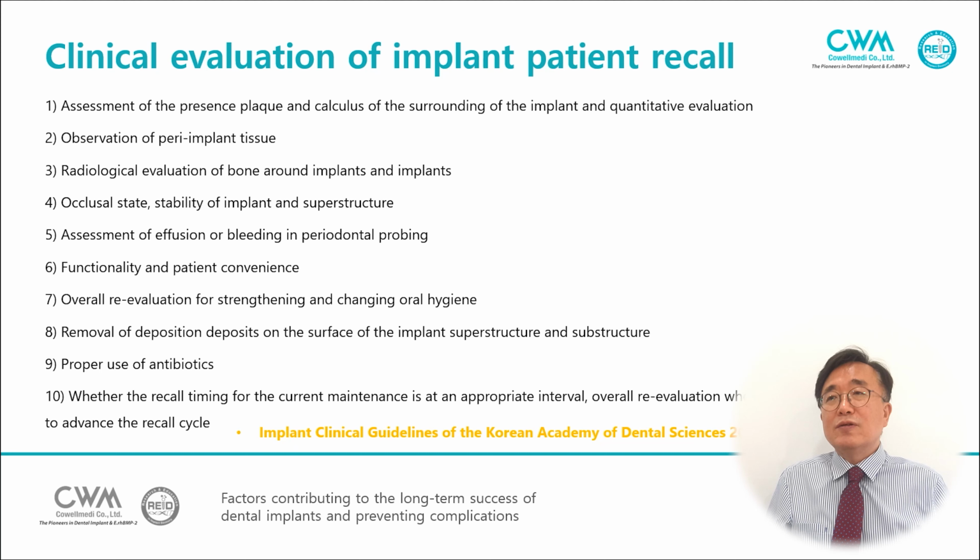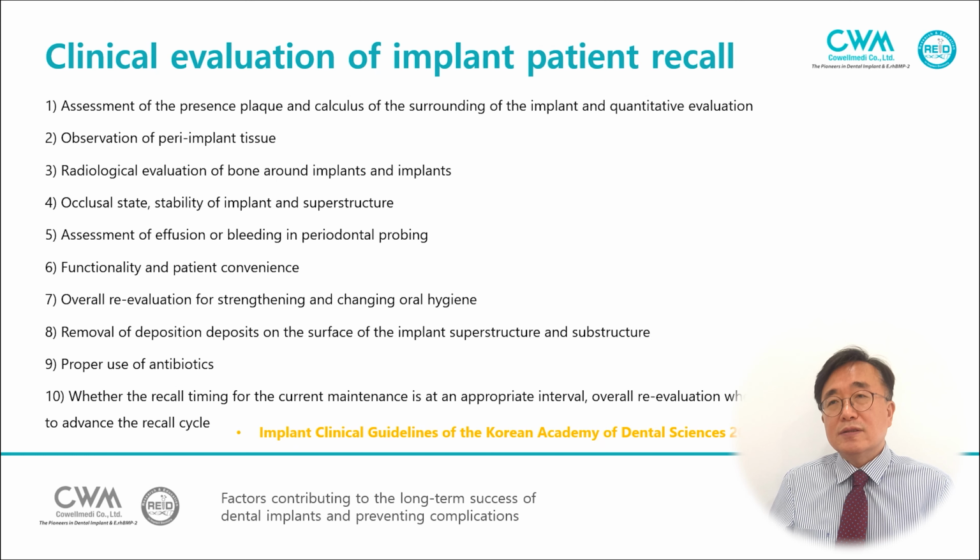So we have to do a record check to evaluate the gingival and peri-implant tissue health and maintain plaque control and calculus control, and we have to check for screw loosening of the abutment and restoration, and so sometimes we have to do periodontal treatment.